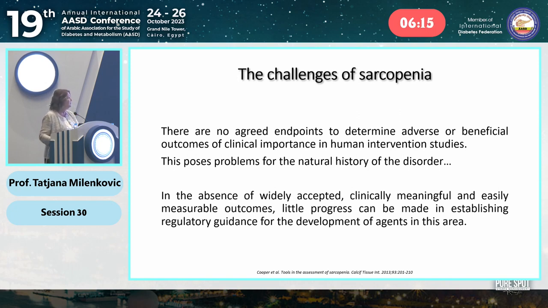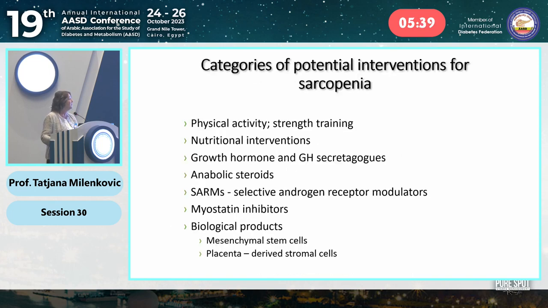So what are the challenges of sarcopenia? Until now, there are no agreed endpoints for how we will determine adverse or beneficial outcomes of clinical importance in human intervention studies. And in the absence of widely accepted and clinically meaningful and easily measurable outcomes, little progress can be made in establishing regulatory guidance for development of agents in this area, how to help these people with sarcopenia.